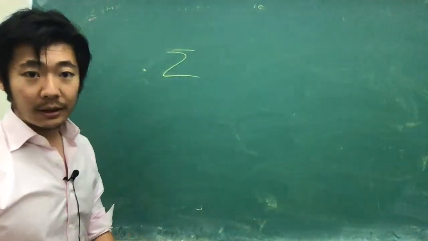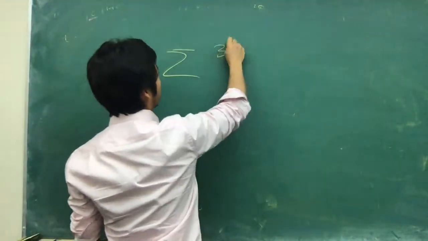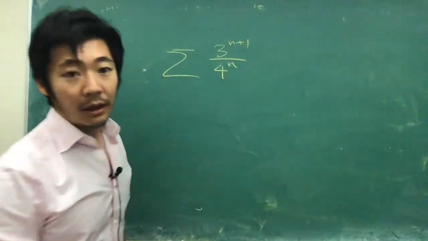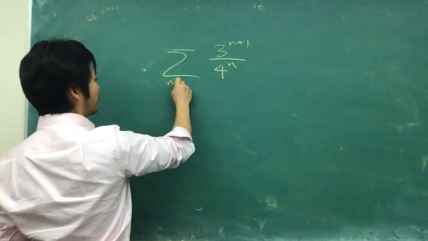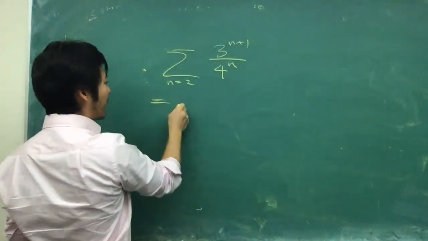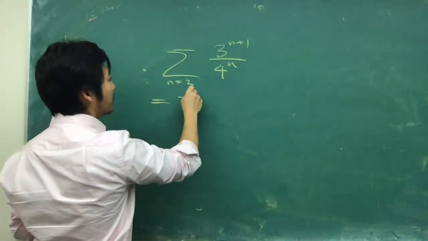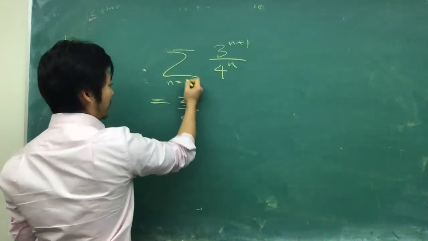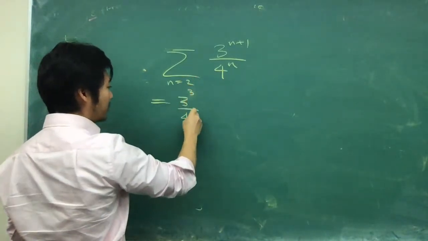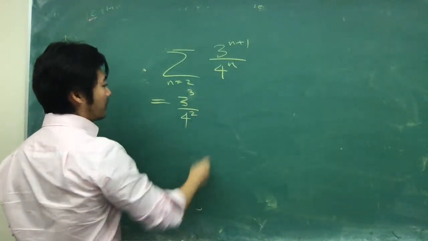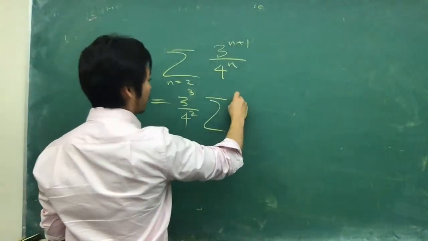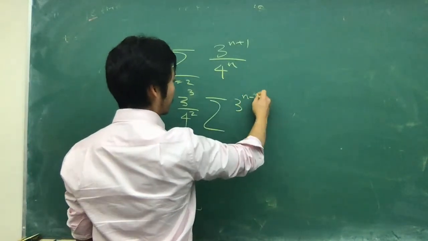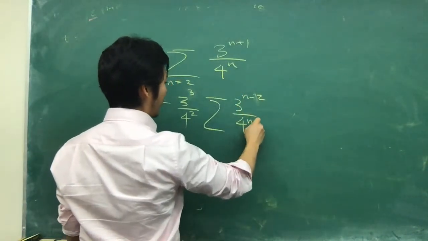So this is 3 to the n plus 1, and then 4 to the n. n equals 2. So you can factor out 3 squared over 4. No, actually, you could even do more. You can factor out 3 cubed and 4 squared, so that this becomes 3 to the n minus 2 and 4 to the n minus 2.